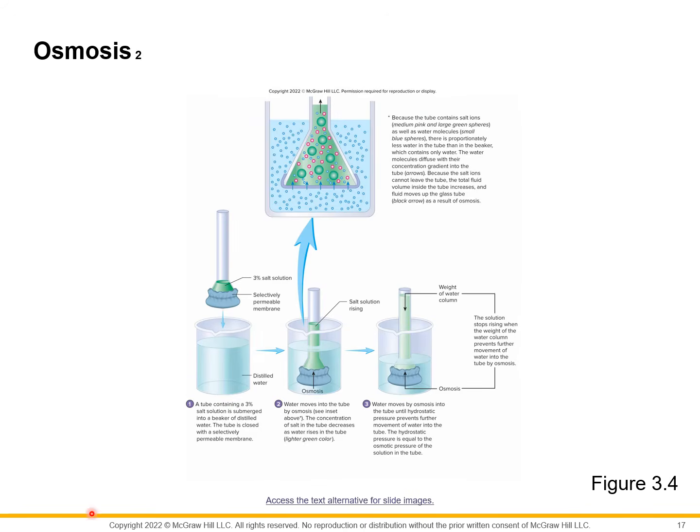This illustration shows us how osmosis happens. In this example, we have a beaker that is filled with water, and then we have this flask, or kind of like an inverted funnel, where there is a salt solution on the inside, but there is a cloth covering on the opening in this area.